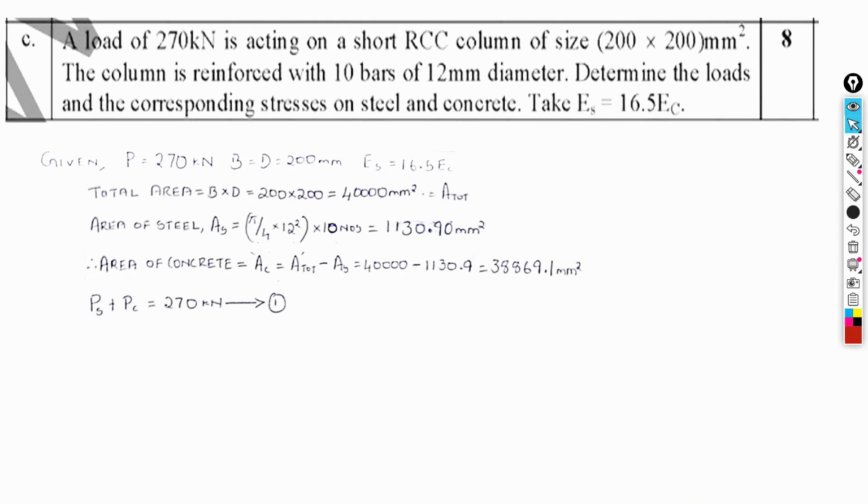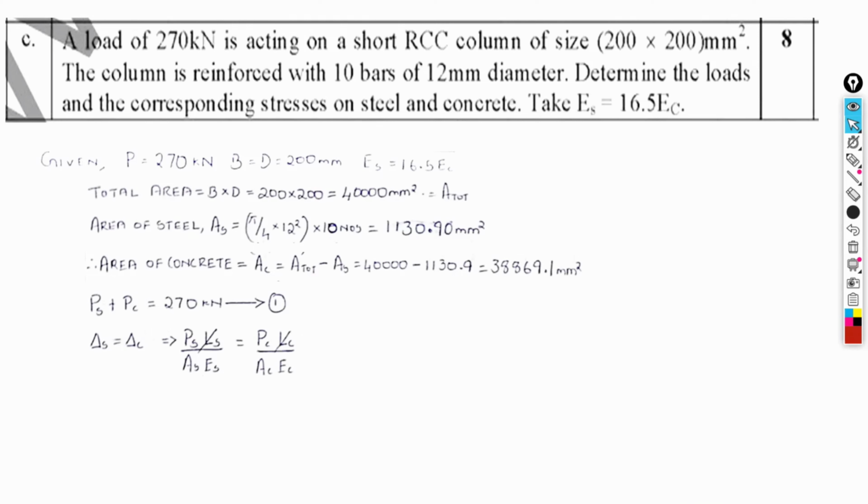The total load they gave is 270 kilonewton. That load is acting on the concrete and the steel reinforcements. Therefore, PS plus PC equals 270 kilonewton. Elongation in steel reinforcement equals the elongation in concrete. Based on this concept, we can solve this problem. So elongation equals PL divided by AE.